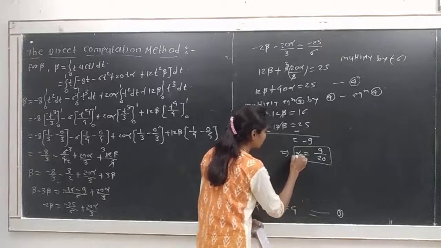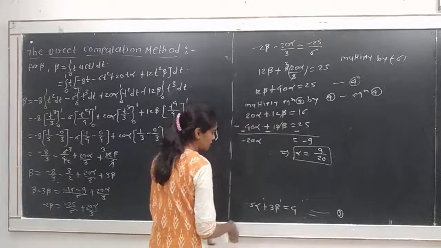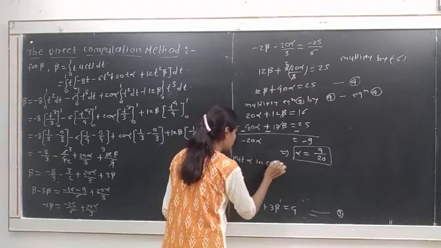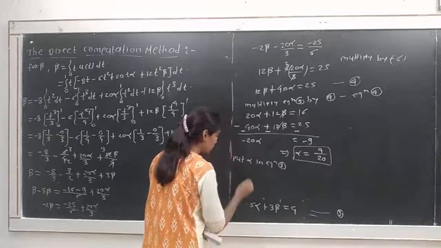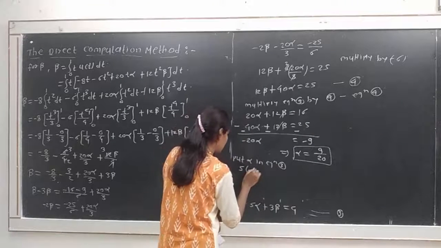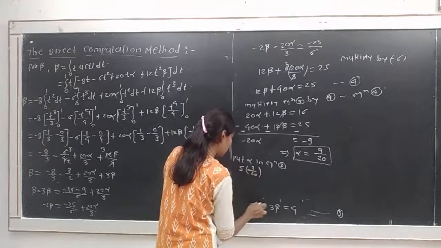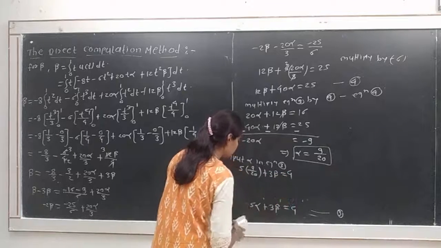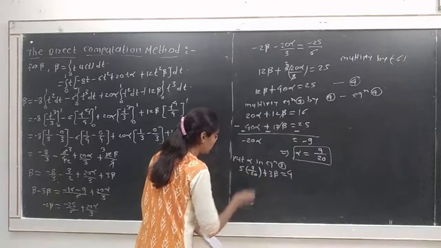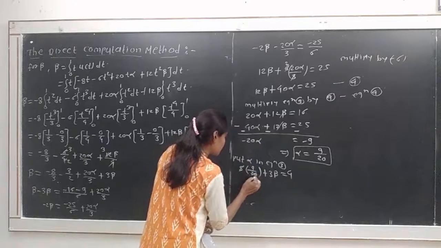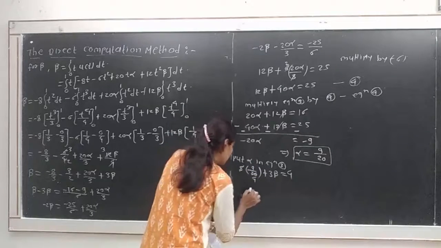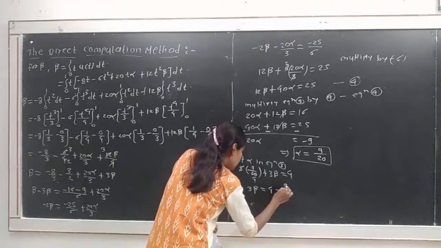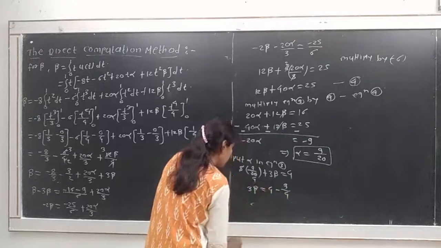Okay, then we put this alpha in equation number 3. So that we get 5 into 9 divided by 20 plus 3 beta is equal to 4. Okay, then here 5 4s are 20, then we get 3 beta is equal to 4 minus 9 by 4.